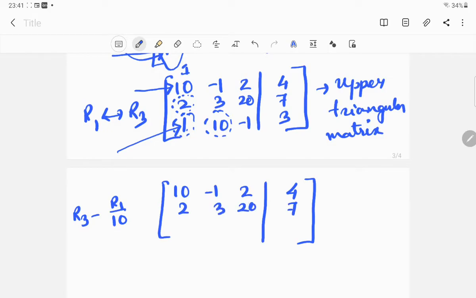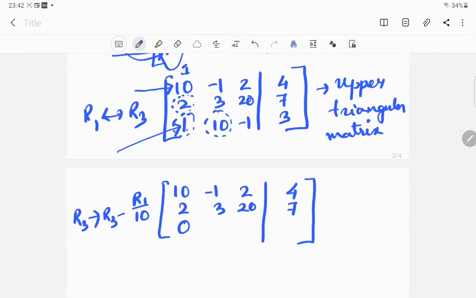Now again I will rewrite it, be careful. What will be our new R3? R3 will be R3 minus R1 by 10. R1 by 10 means 1. 1 minus 1 means 0.